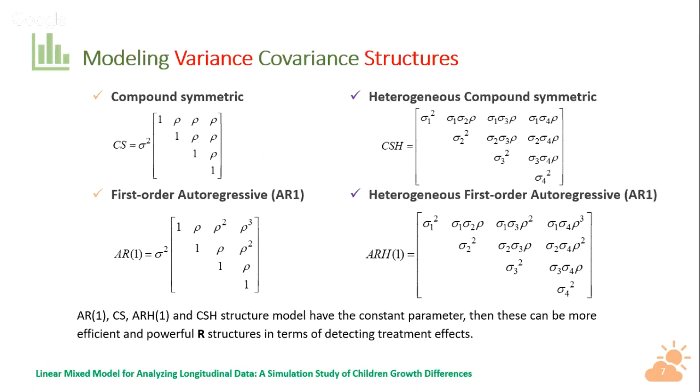Now, from the variance covariance structure, we can come to a conclusion that the structure models from the AR1, CSH, and ARH1 have the constant parameter. Then this can be more efficient and powerful than the R structure in detecting treatment effects.